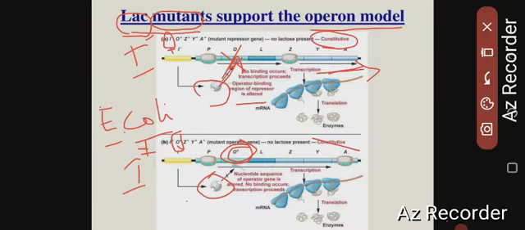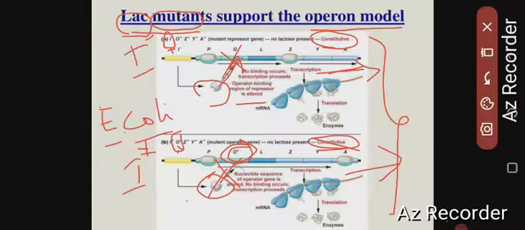Even if the repressor is okay, it cannot bind to the operator, so once again constitutive expression occurs, meaning transcription will proceed on and on. So both of these are constitutive mutants, and both result in the transcription of the gene.